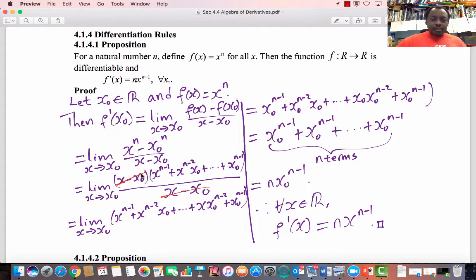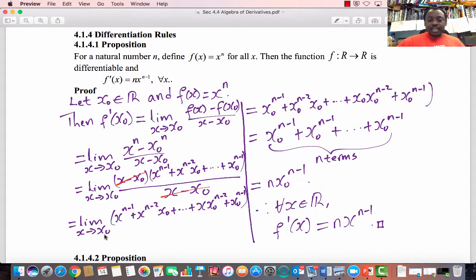I cancel out my x minus x naught from both the numerator and the denominator, and I'm left with the limit as x approaches x naught of x raised to the n minus 1 plus x raised to the n minus 2 times x naught plus x times x naught raised to the n minus 2 plus x naught raised to the power n minus 1.